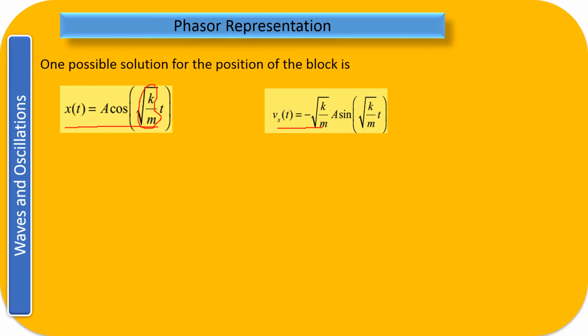So the possible solution is x equal to a cos root under k by m into t, as we have seen in the previous slide. Then therefore its corresponding velocity is equal to minus root under k by m a sine root under k by m into t. So naturally we have seen in the previous slide that position and velocity are always in the phase of pi by 2, right?